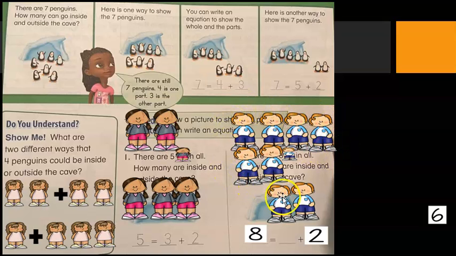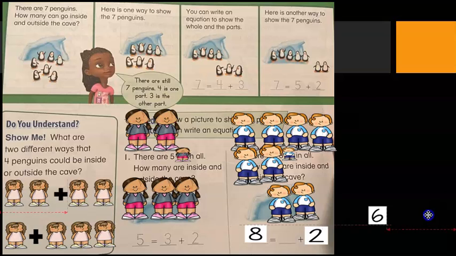Now look here. These 2 boys, since they're inside the cave, 2 goes there. Now what number goes here? How many boys are on the outside of the cave, on the outside? 6. Okay, 1, 2, 3, 4, 5, 6.